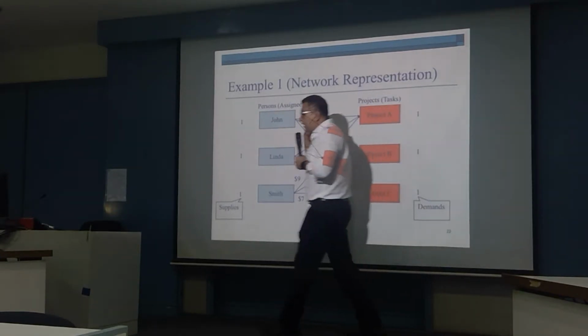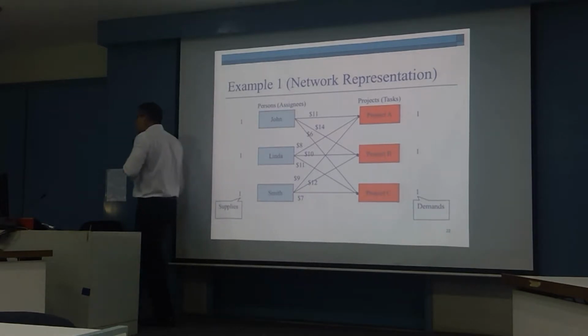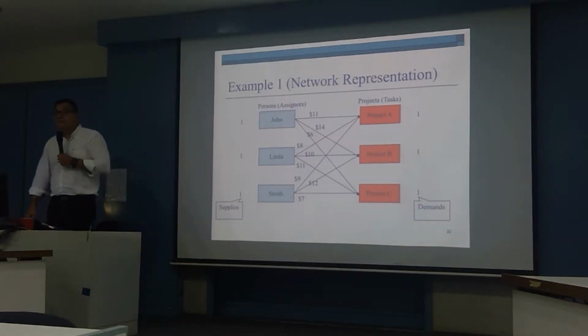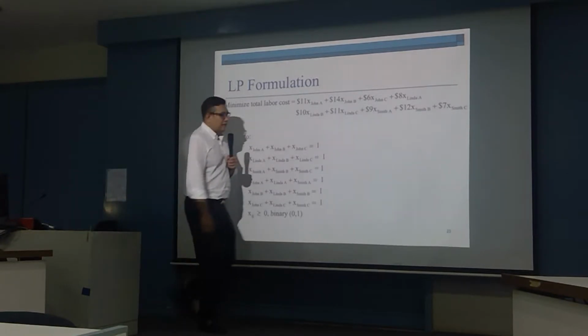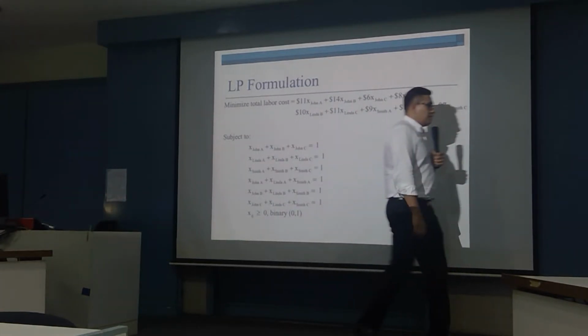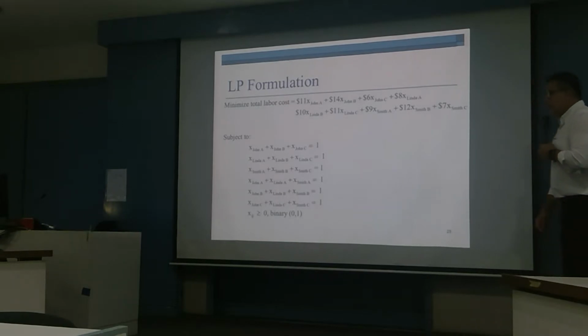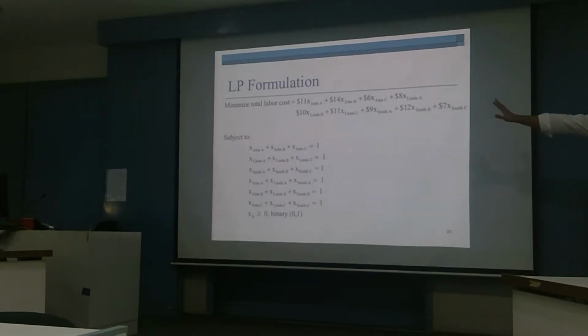So this diagram is very similar to the transportation problem. If I would like to apply linear programming based on that diagram, this is the model. As I mentioned, the decision variable x needs to be binary, 0 or 1.